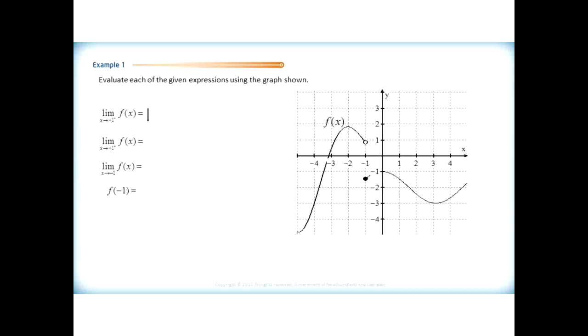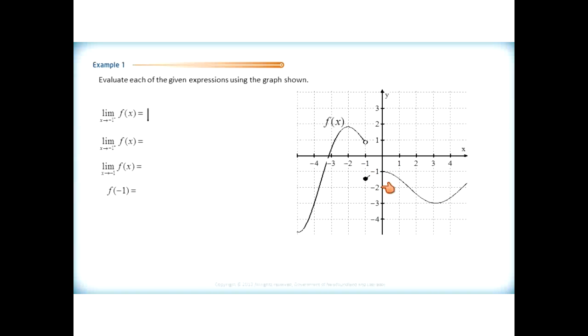Now we're going to try the limit as x approaches -1 from the right. So to try that one, we follow the curve from the right-hand side, and as we get there, we get closer and closer, and there's not supposed to be a gap in the function here. That's just where the coordinate was written on the axis there. But this is a nice smooth curve. We follow it closer and closer and closer, and as we get really close there, it looks like the y-coordinates are approaching something in between -1 and -2.